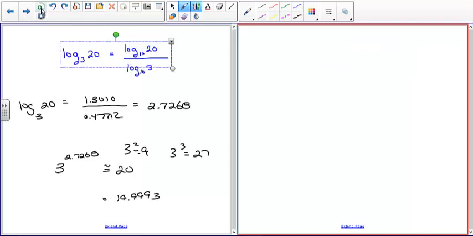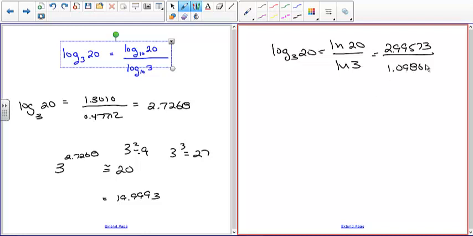You can also do the same thing using the natural log. That's the other thing that's on your calculator. So you take the natural log of 20 divided by the natural log of 3. The natural log of 20 is 2.99573, and the natural log of 3 is 1.09861.